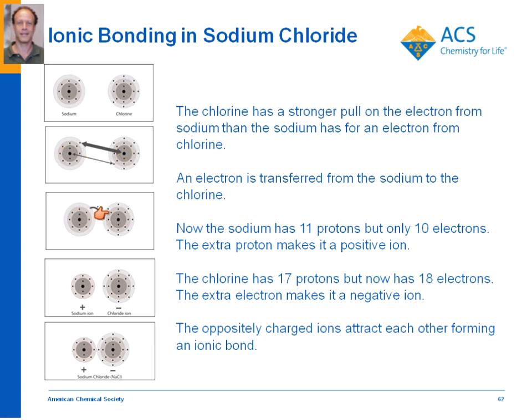So if an electron is going to move, it's going to move in this direction. The chlorine, which originally had 17 protons and 17 electrons, now has an extra electron, so it's negative. The sodium had 11 protons and 11 electrons, but it just lost one, so now it has more protons than electrons, so it's positive. And so they come together because they're positive and negative charged particles.